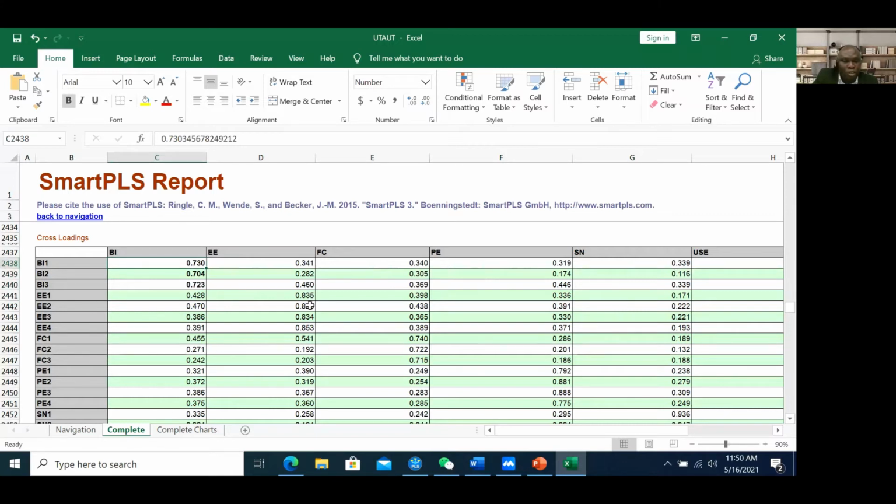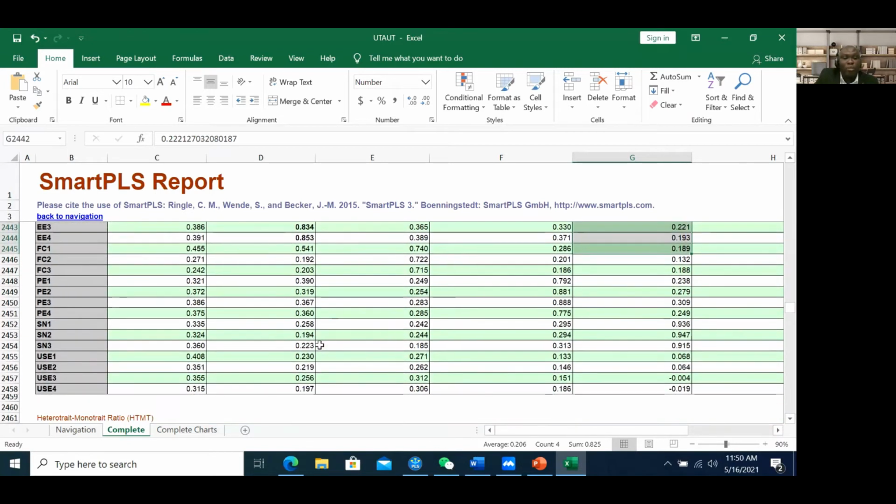Then you come to EE. EE has 4 indicators, from 0.835 to 0.853. They are all higher than whatever is here and here. That is how you assess the cross-loadings, and you do the same for the other constructs.